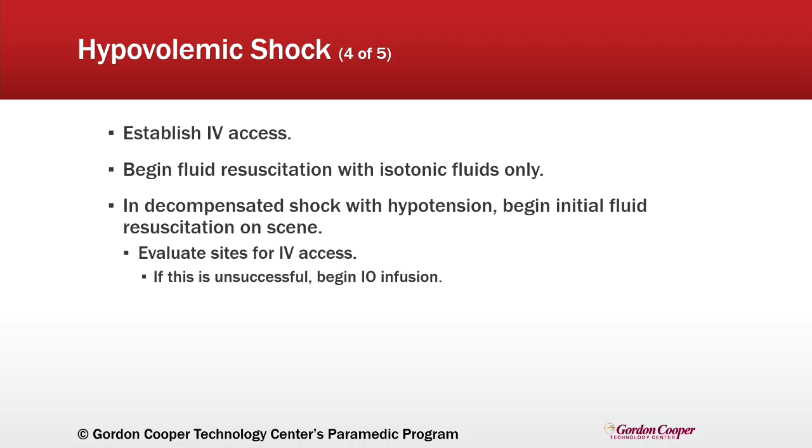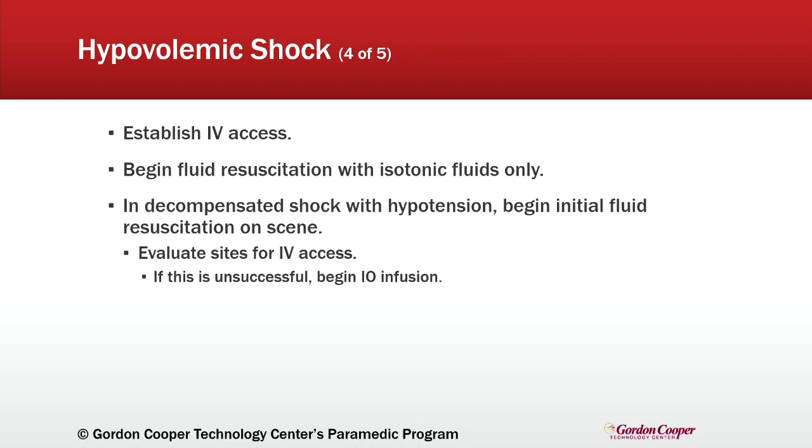For children in decompensated shock, begin initial fluid resuscitation on scene. Evaluate what sites you can use for IV access. If you're unable to get an IV or it's unsuccessful, you can begin an IO infusion.